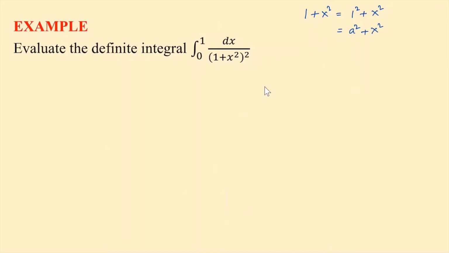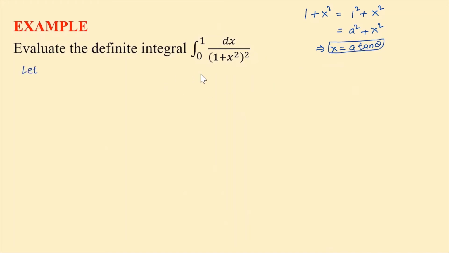And we know that if an integral involves x squared plus a squared, we use the substitution x equal to a tangent theta to evaluate the integral. So we are going to use that substitution and evaluate this definite integral.